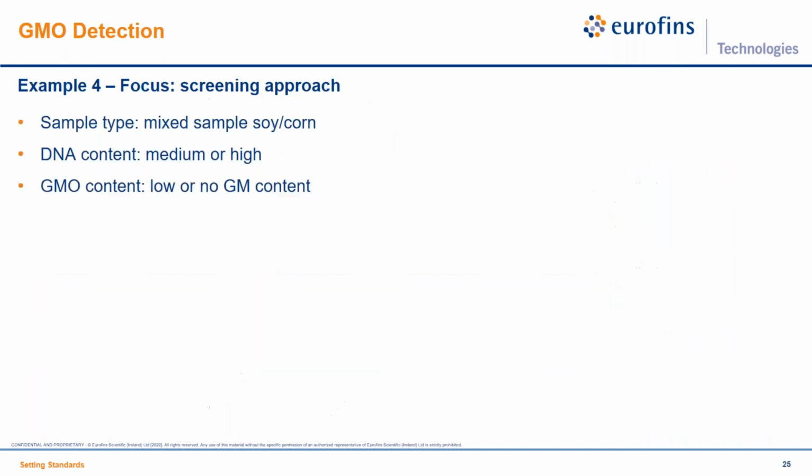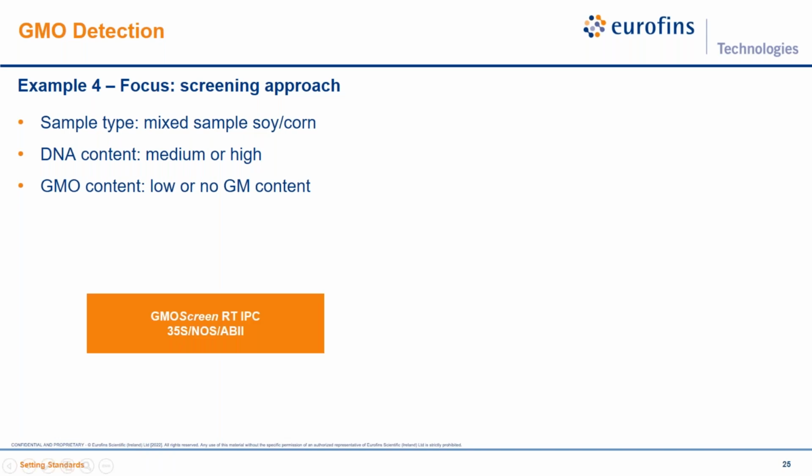So let's have a look in the next example at the sample type where we have a mixed sample with soybean and corn. We have a DNA content that is medium or high and a GMO content that is low or we do not expect GMO. And I would like to focus on the first step, the screening approach.